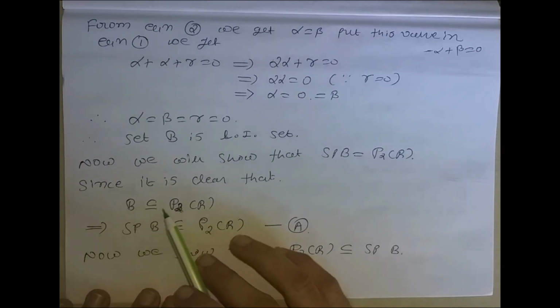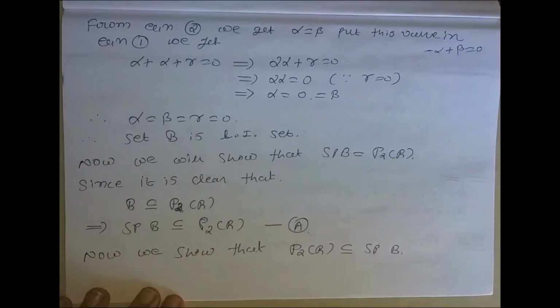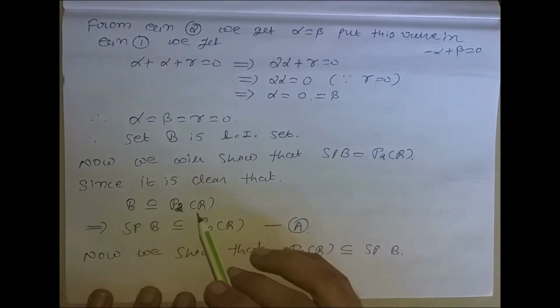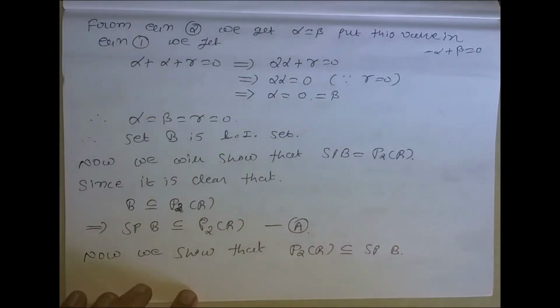So B is a subset of P2(R). Since it is clear that B is a subset of P2(R), span of B is a subset of P2(R).